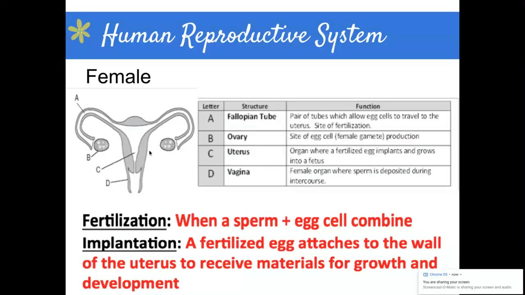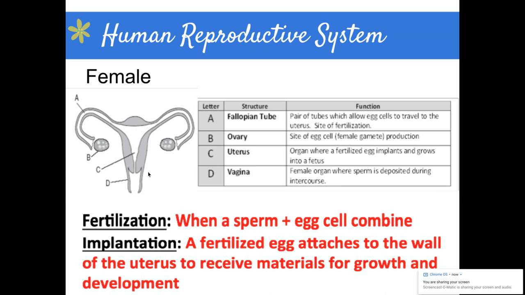The uterus is this large organ in the middle, the organ where a fertilized egg cell implants and grows into a fetus. When they say a baby is growing in a mommy's belly, what they mean to say is the baby's growing in the mommy's uterus. The vagina is the organ where sperm is deposited during intercourse. This is not where the woman pees.